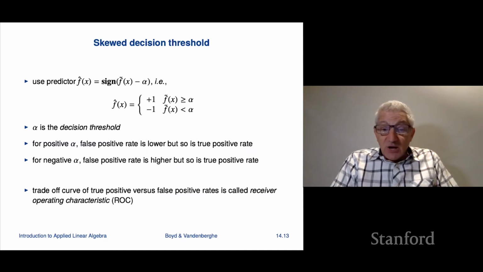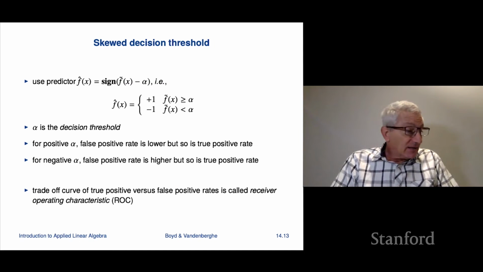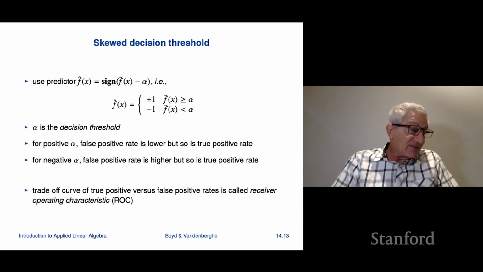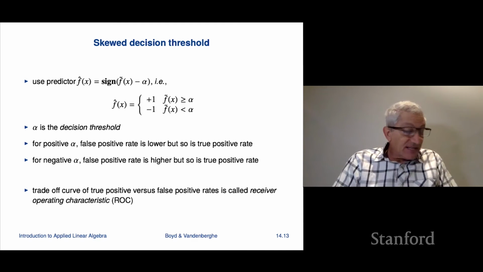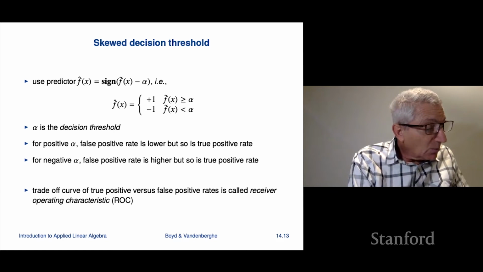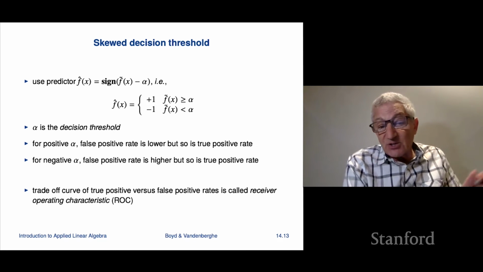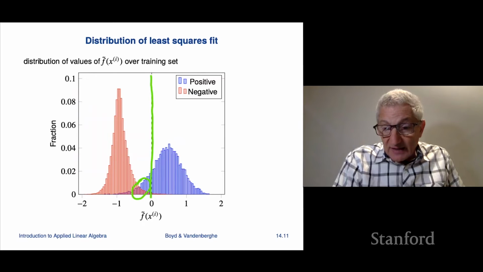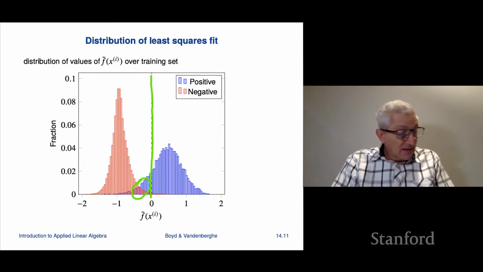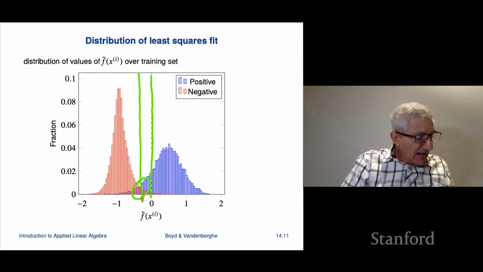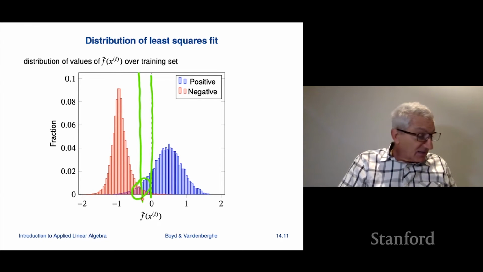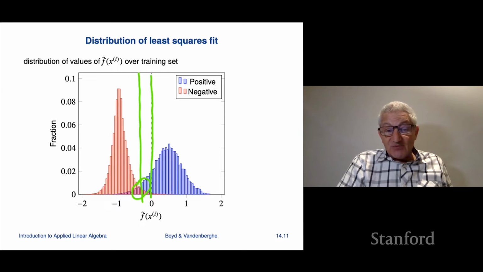One more topic relating to classification in general, but in particular least squares classification, is this. We have been using a threshold of 0. But your eyeball might want to do something different, like say, you know what, let's use this threshold. That threshold is going to very much reduce the number of our false negatives.